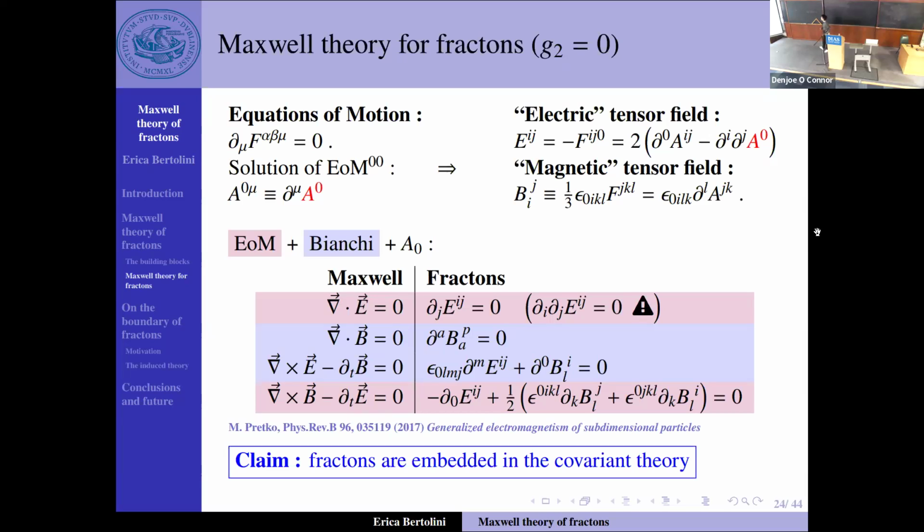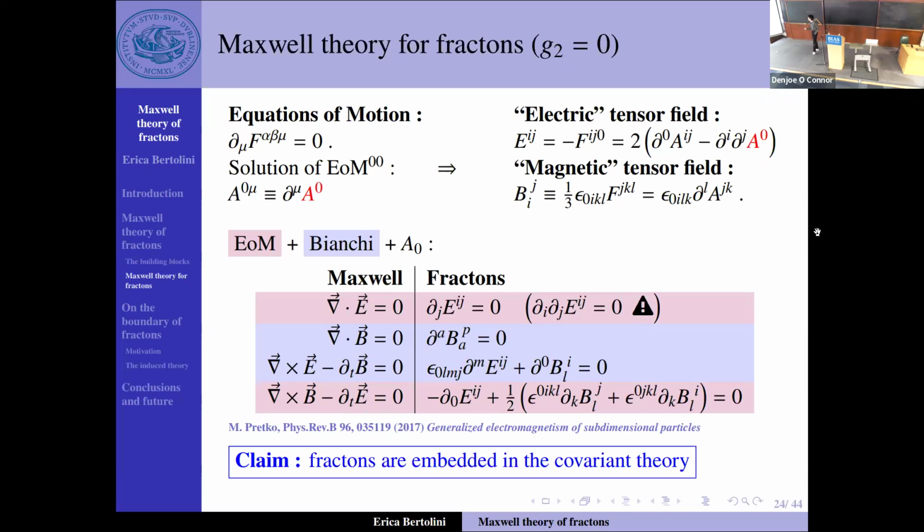By looking at the other equations of motion, the Bianchi identity, and keeping in mind this solution, we find that all the equations of motion match exactly the Maxwell ones as a higher rank extension, and they also coincide with those used in the literature, which are typically imposed.